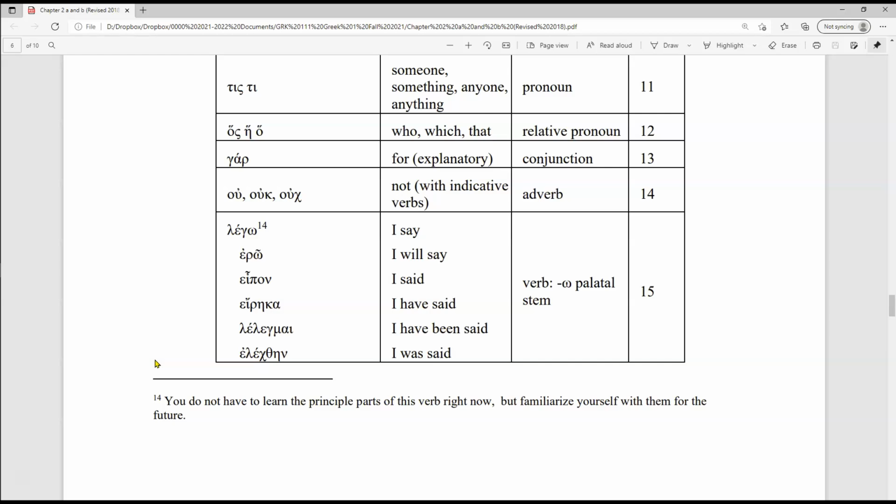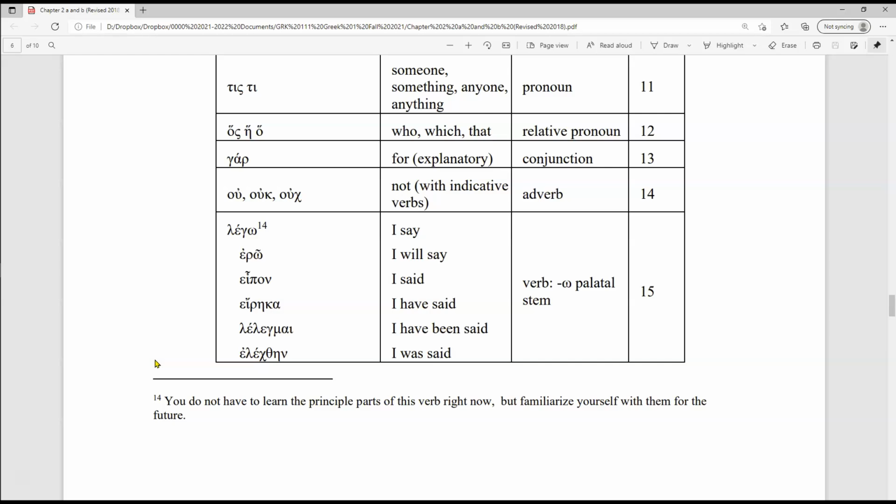Hos, hē, ho. Notice you've got the rough breathing and an accent. Do you see that? Rough breathing, hos, hē, ho. Accents on all three syllables. This is the relative pronoun. My father, who was a very good man, was named Carl, right?